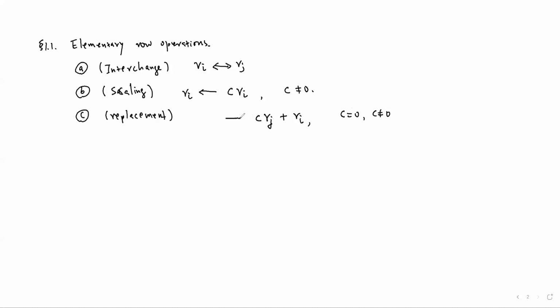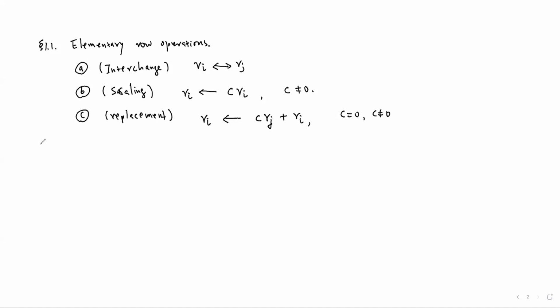Then put the new row, not in row J, but in row I. This operation is called replacement. These 3 operations don't change the solution set of a linear system. They keep the solution set, but we can simplify the linear system. This is what section 1 is about, elementary row operations.